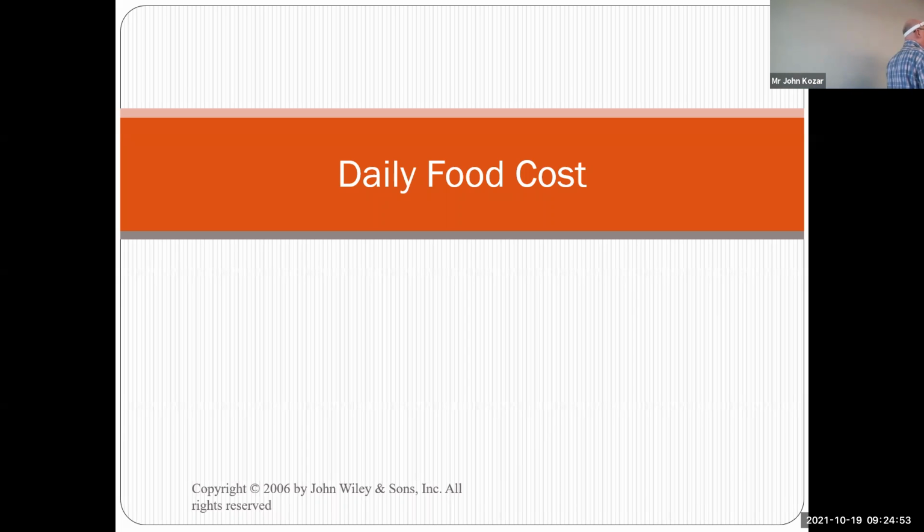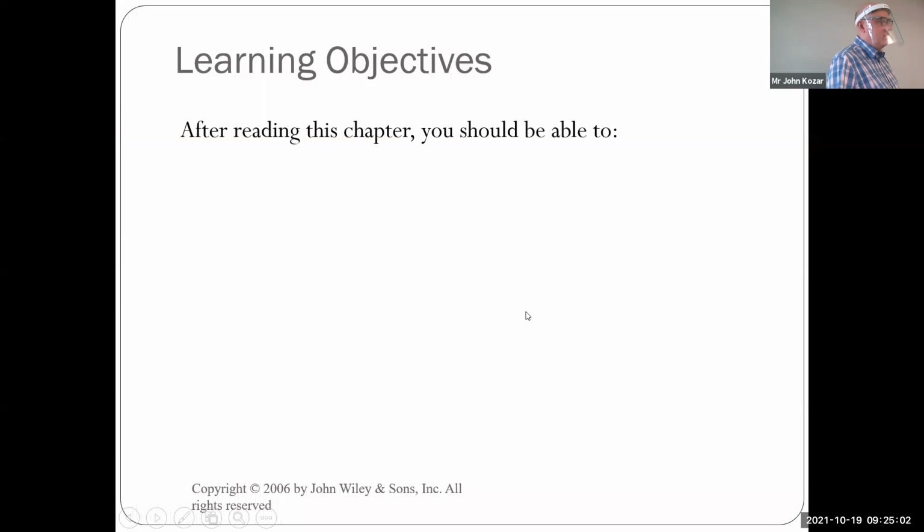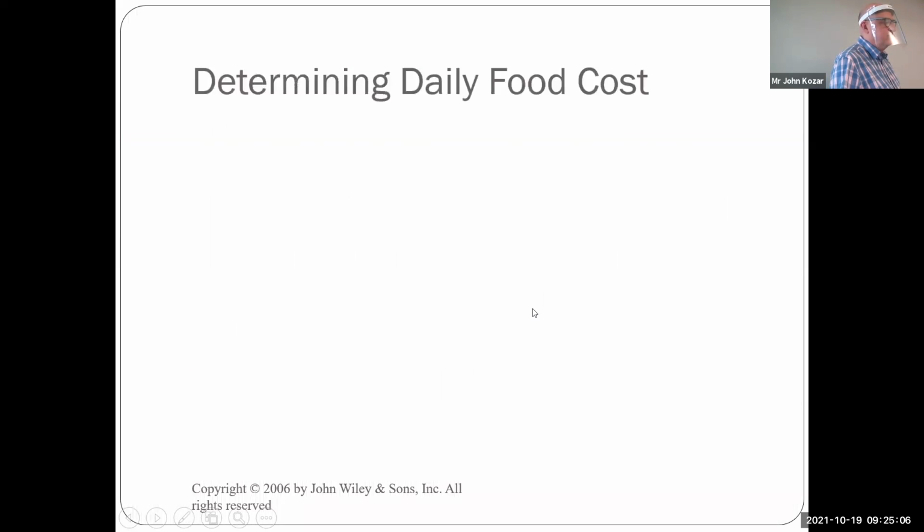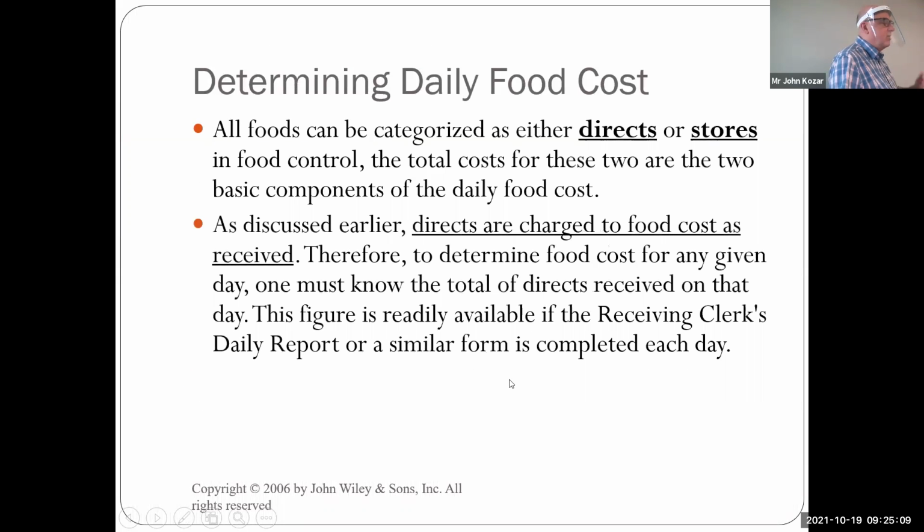So daily food cost is going to be very similar to the monthly food cost. We've talked about directs and stores. In our daily food costs, we're also going to take into account those items that are direct cost to us on that day.